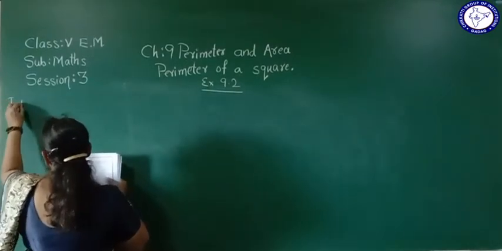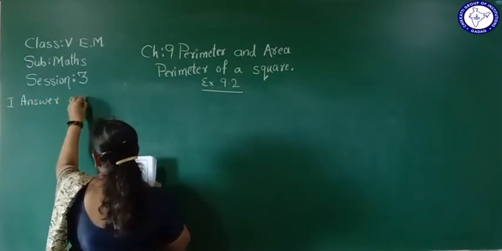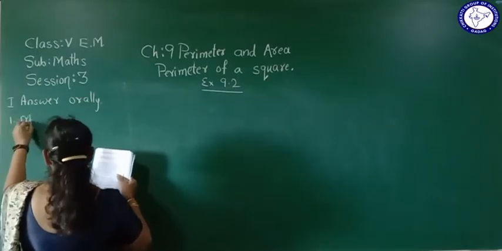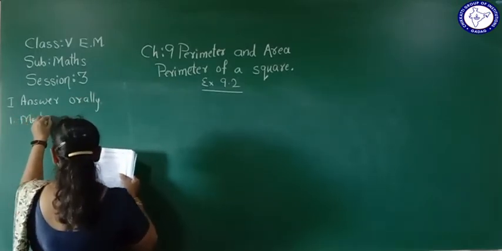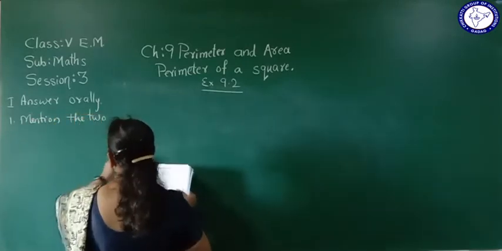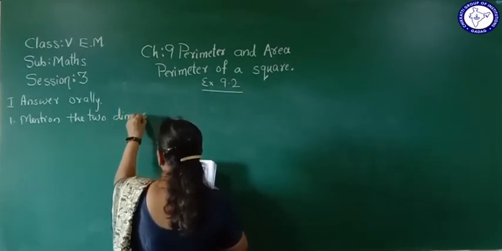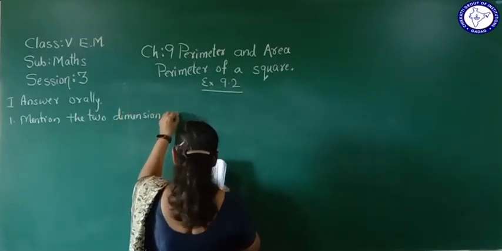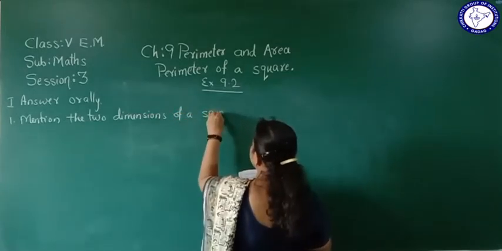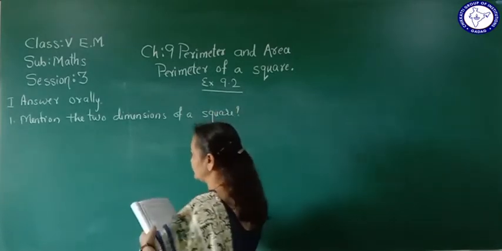First question is, mention the two dimensions of a square. So here the two dimensions of a square are length and length.